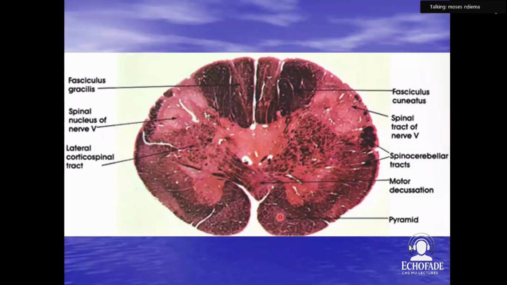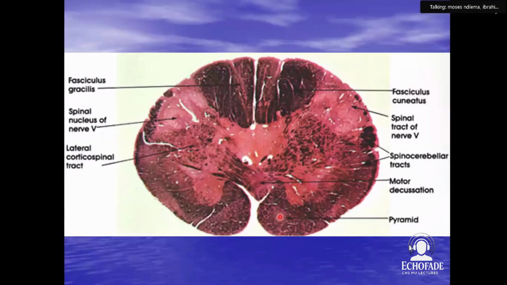We'll also have fibers from the vestibulocochlear, and those also cross over to form what we refer to as the lateral lemniscus. In the midbrain, we'll be talking about the lateral lemniscus.